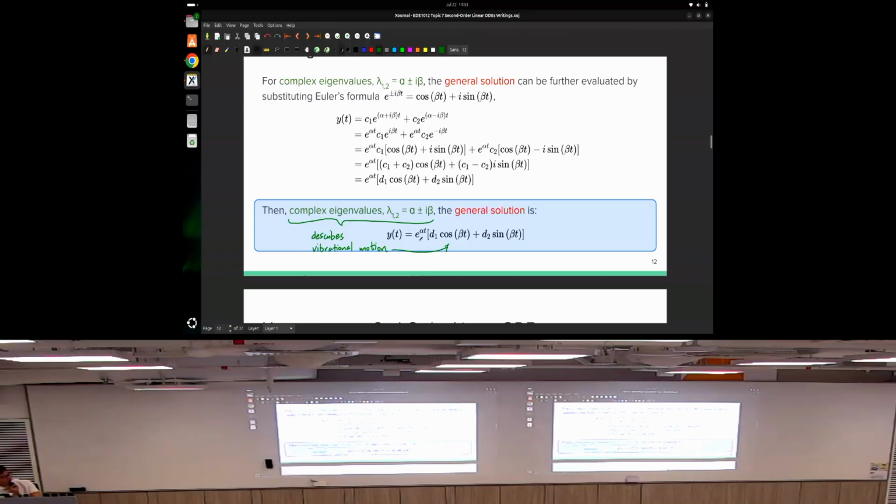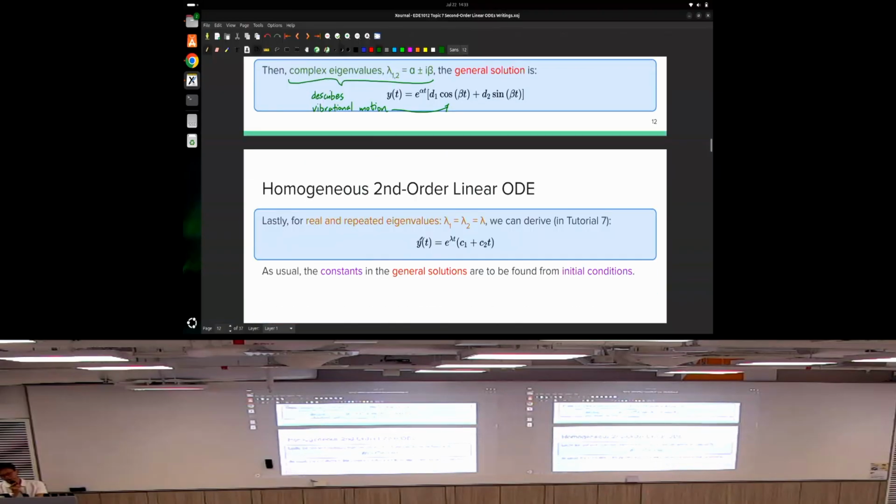Lastly, as you might expect, we have real and repeated eigenvalues. We're going to derive this in tutorial 7 as part of an exercise. It's not difficult, because we just make use of the Jordan decomposition and we are able to get this expression.